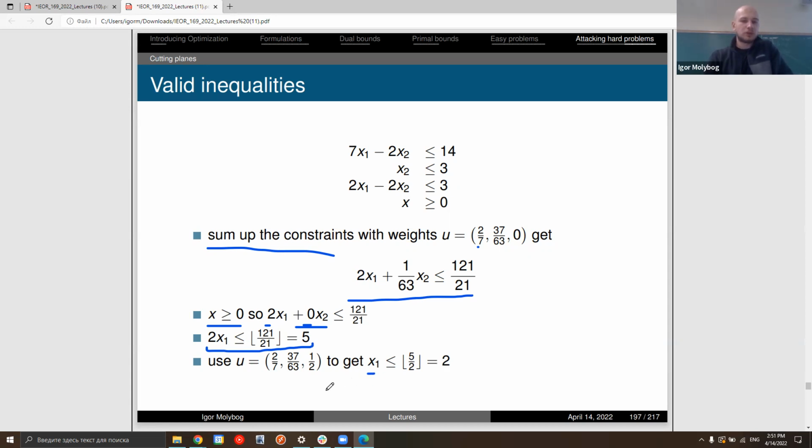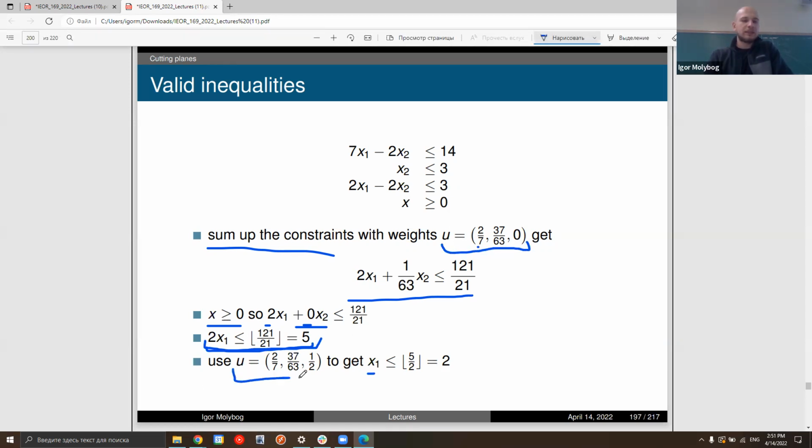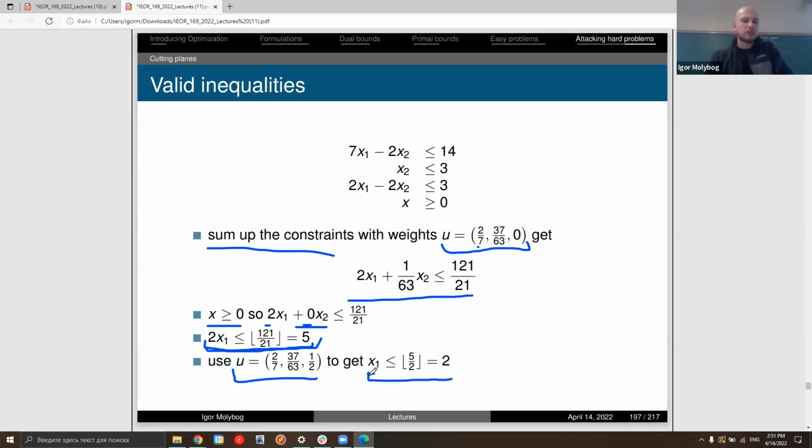So this inequality is something that you would get from these weights, and if you use a different set of weights, you would get an even tighter inequality, which is x1 less than or equal to 2.